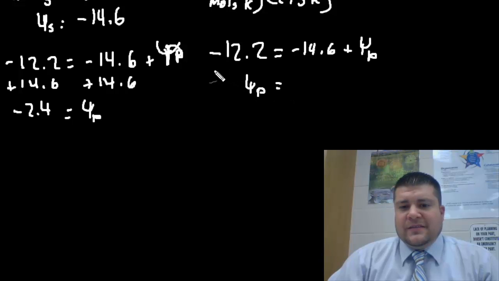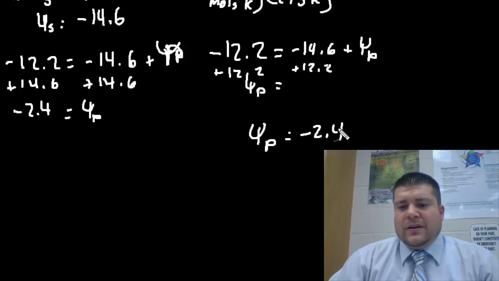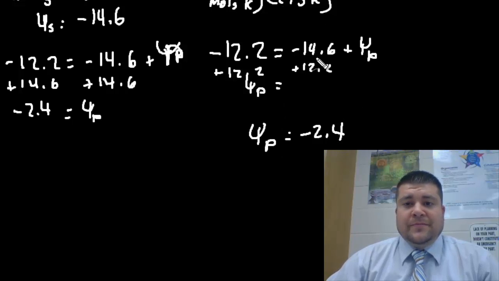And then to get this 12.2 over to the other side, you just add 12.2, add 12.2, and so our psi p is going to be equal to negative 2.4. And then our cell is negative 2.4.